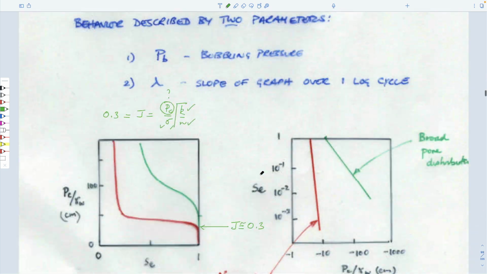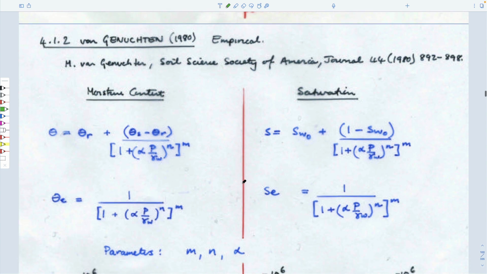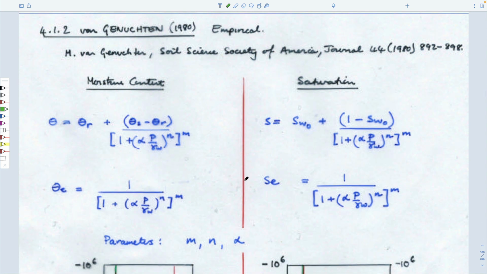So the other way that we can approach this is to take advantage of empirical correlations. And they use the same ideas as the Brooks-Corey relationships, developed by a Dutch guy called Van Genuchten, working in the US at the time. And it uses the same transform as we talked about before.